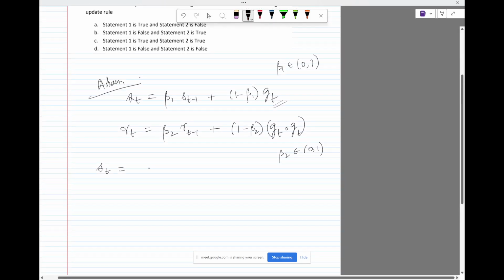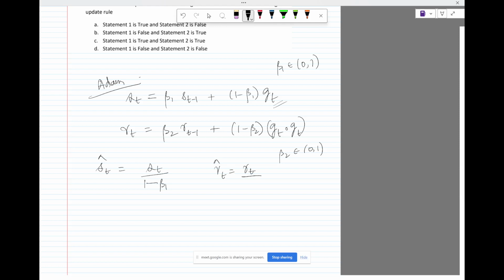Where s_t hat is s_t upon 1 minus beta 1 to the t, and r_t hat is similarly corrected, and your weight update is w_t minus eta times s_t hat, so it is the ratio of the first moment and the square root of the second moment.